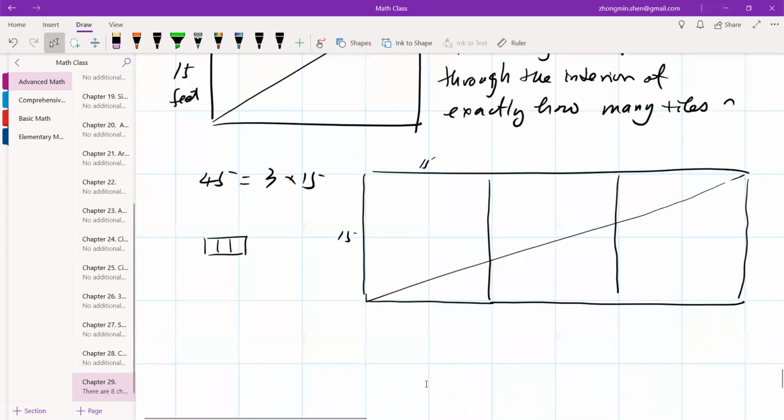So you just need to use these 1 by 3 tiles to fill the space. If you do it like this, then you just need to count how many 1 by 3 tiles lie along the diagonal.